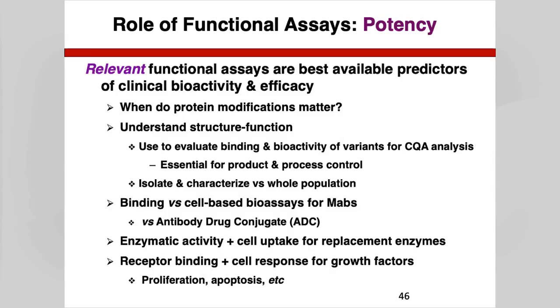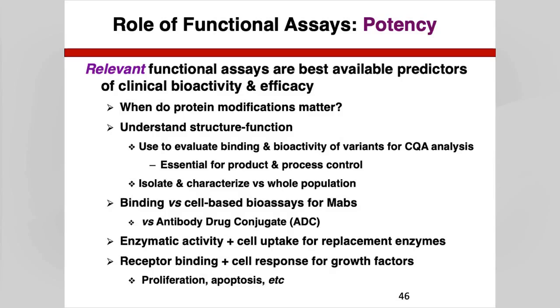We also have differences, for example, in using binding assays versus cell-based bioassays for mAbs or for other kinds of proteins. And some of the considerations for binding and cell-based activity can be a little bit different, for example, when we're looking at antibody drug conjugates, which are delivering a toxin to the target cell.